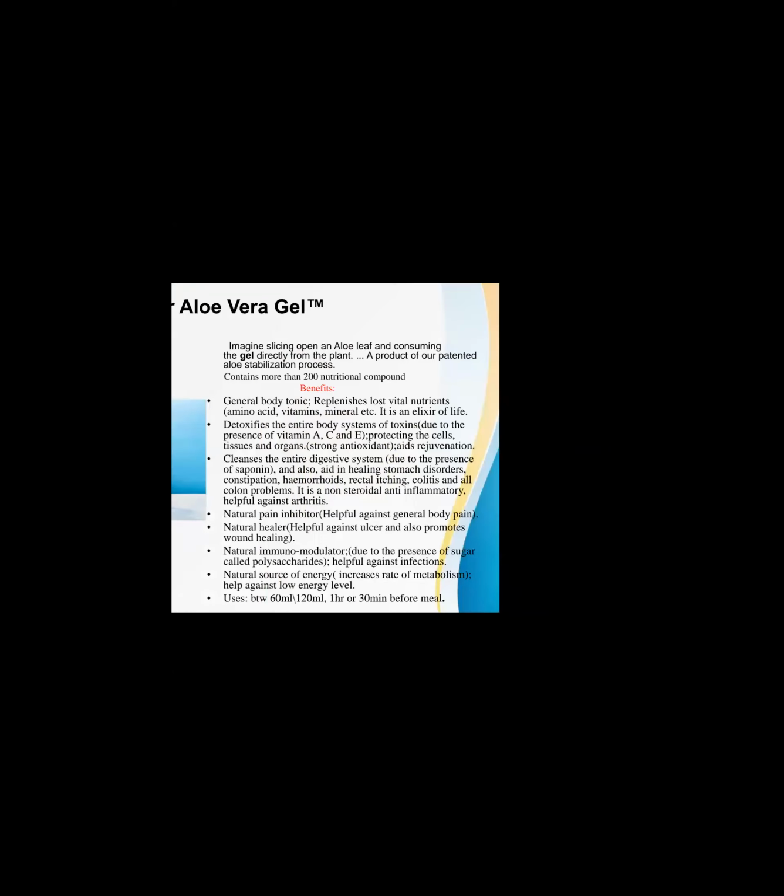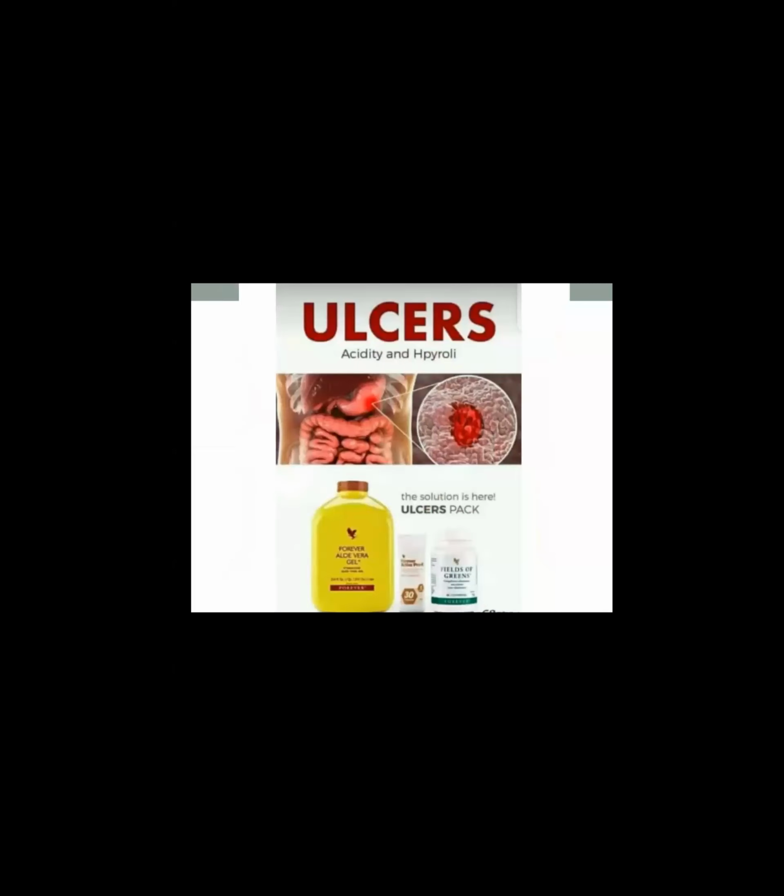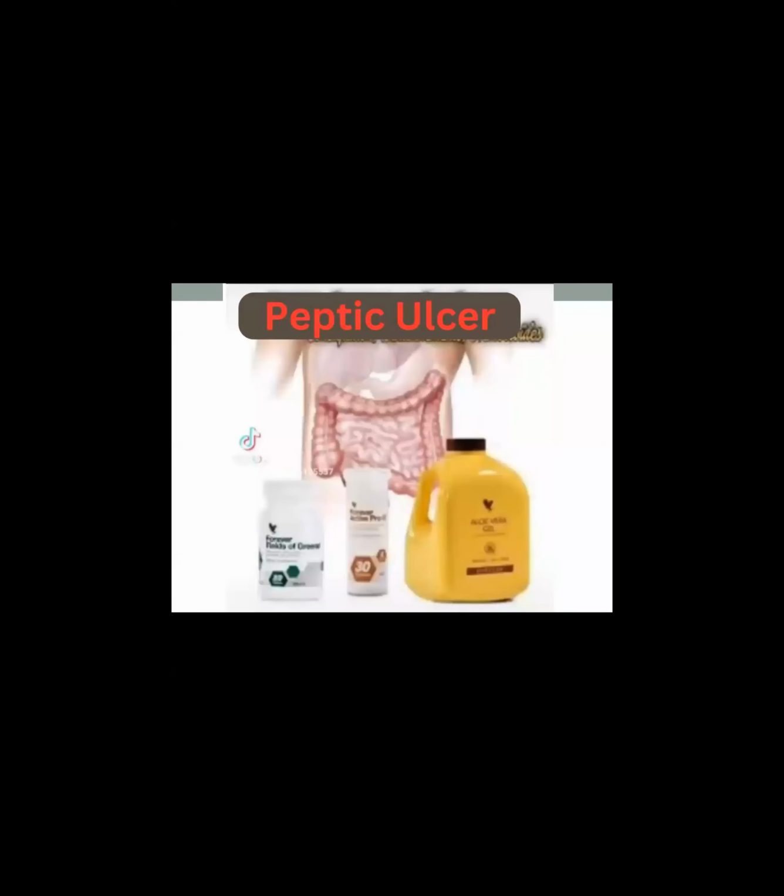And then finally, Forever Active Probiotic. Anybody who wants to take care of the stomach, put all the 4: Forever Aloe Vera Gel, Forever Fields of Greens, Forever Bee Honey, and then Forever Active Probiotic.